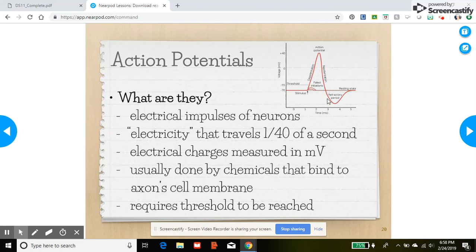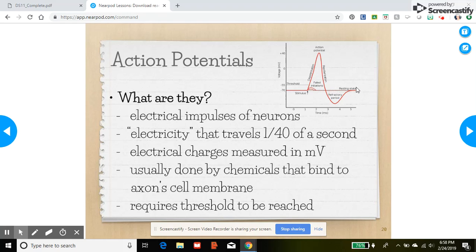This might look very similar to an EKG. If you're looking at somebody's heart, you have the same wave pattern, and that makes sense because the heart is also controlled by electrical impulses from the nervous system. Obviously we'll talk much more about that when we get to cardiovascular.